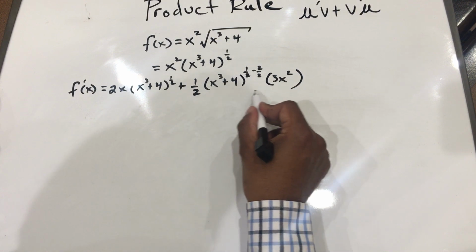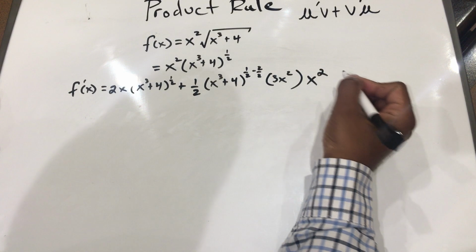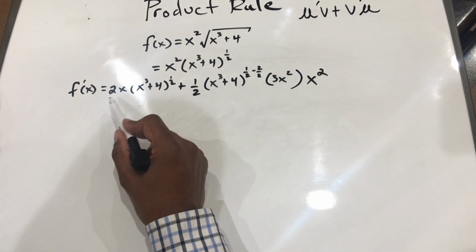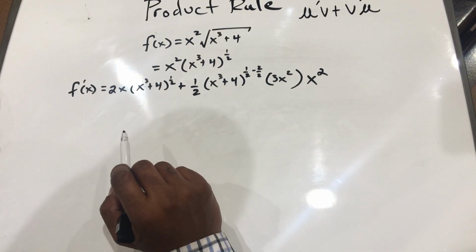That is all part of v prime. U. So we have, let's say it from left to right, u prime v plus v prime u.